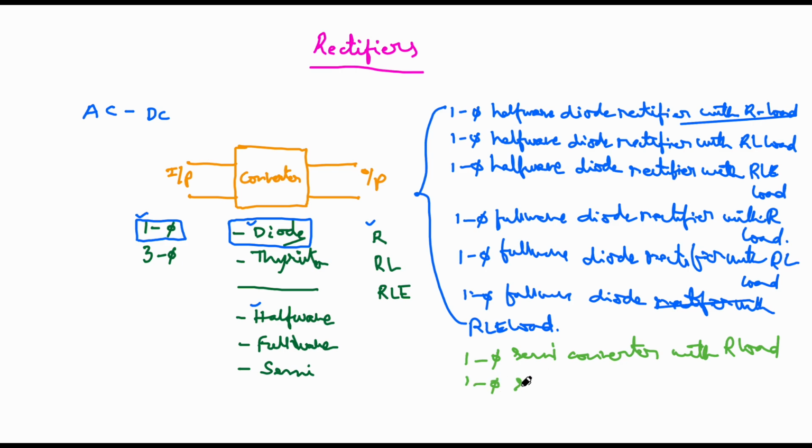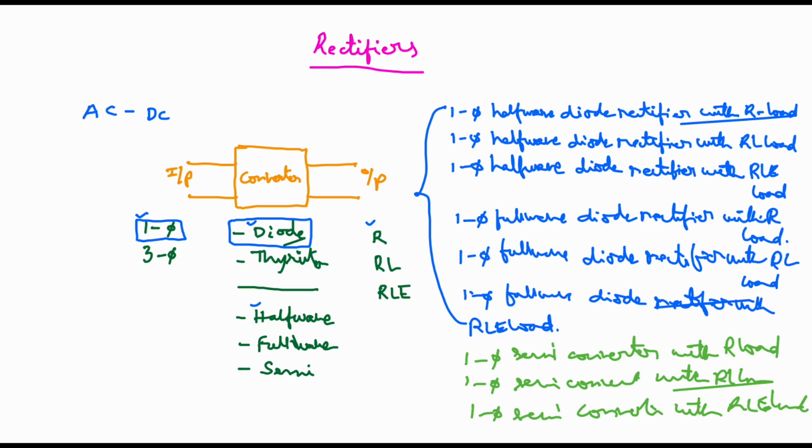Similarly, single phase semi converter with RL load, and single phase semi converter with RLE load. So these are the concepts. The top six converters are for diodes and also for thyristors. So these many converters we need to study.